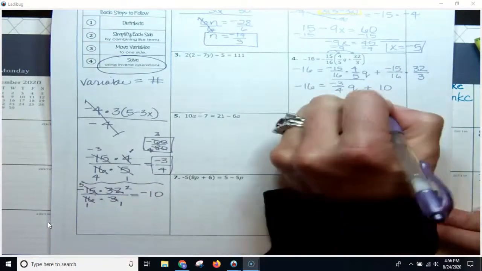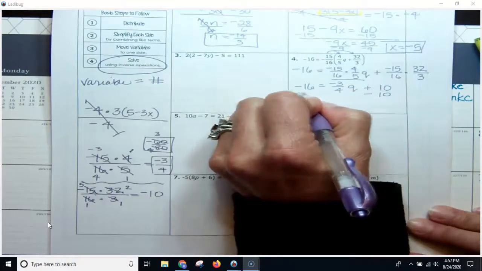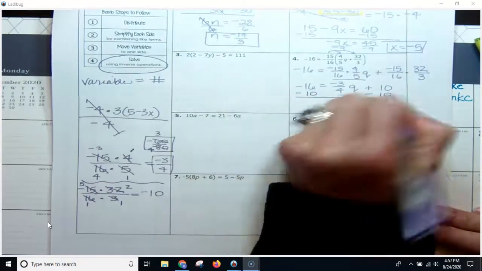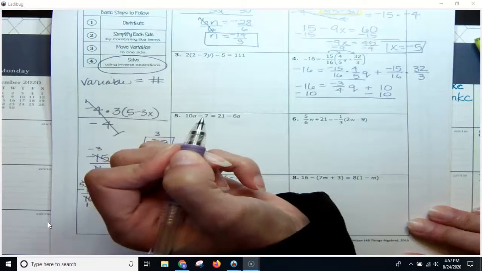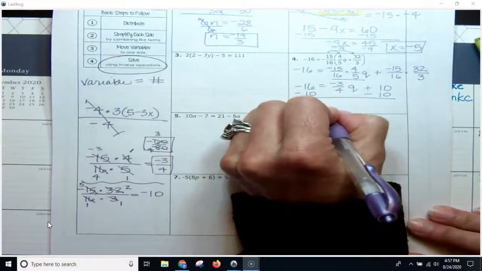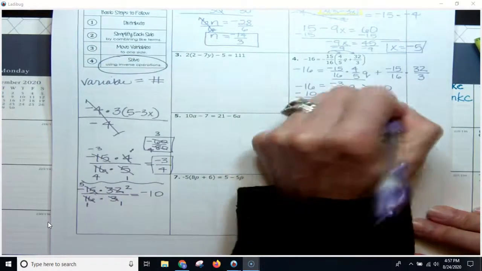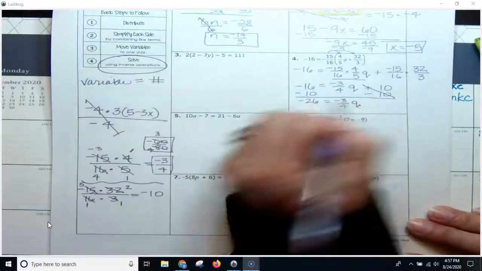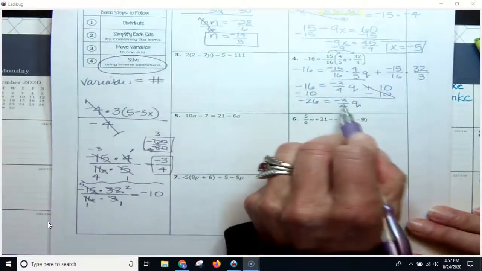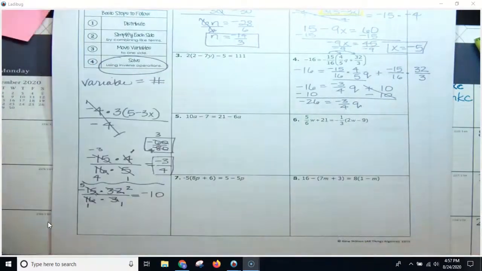So now I've got this, I can take multiple steps. I'm going to subtract 10 from both sides, and I'm going to get negative 26 over here. Now, in order to get rid of that fraction, remember we talked about the two different ways.